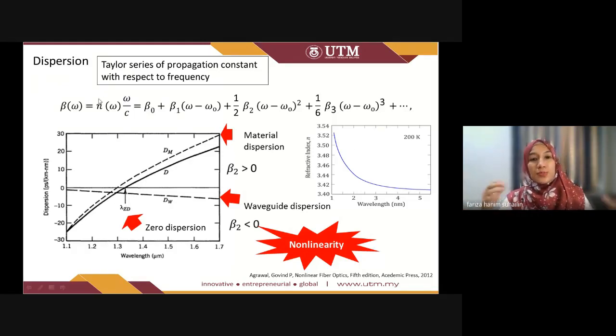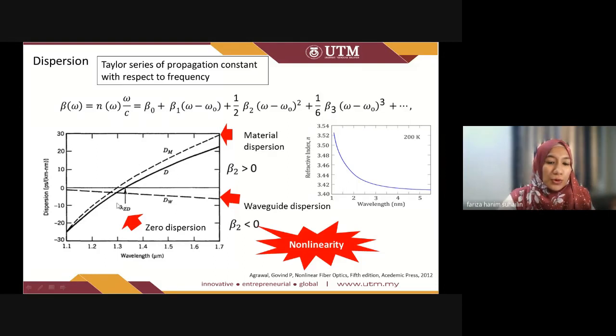And to explain the dispersion, we can view it as a Taylor series expansion of the propagation constant with respect to the central frequency, where in this equation we have beta 1, for example, that is related to the group velocity, the velocity of the pulse envelope propagating inside the core. And we also have beta 2 that corresponds to group velocity dispersion.